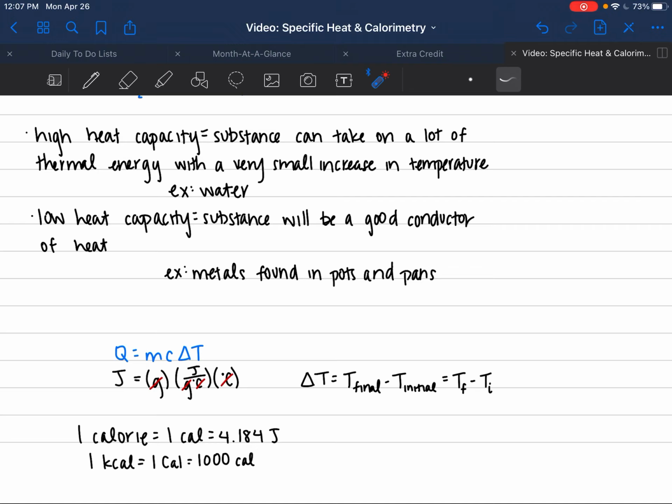Some other things we can talk about. If we say 1 calorie with a lowercase c, you'll also see it written as 1 cal. That is equal to 4.184 joules. So that's based on water, of course. So 4.184 joules is equal to 1 calorie.